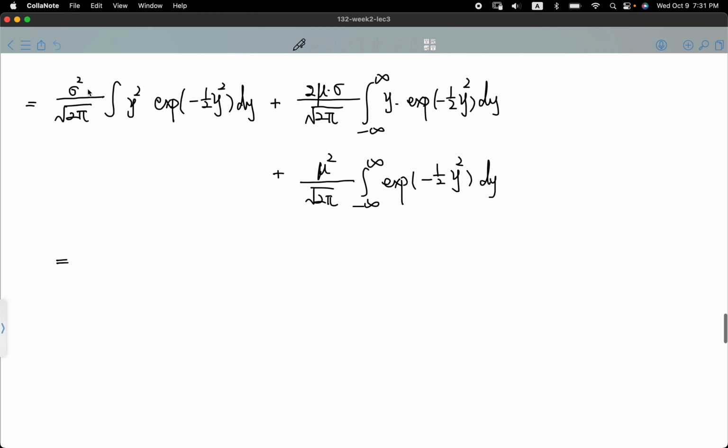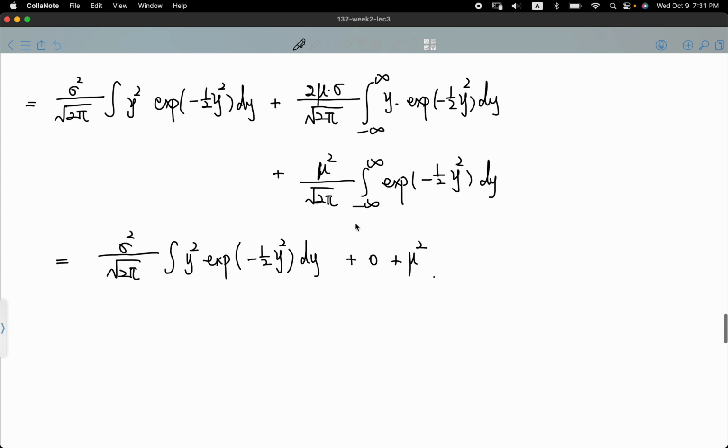So this part, let me copy it down first. And this is because of the odd and even function: this is plus 0, and this is equal to square root of 2 pi, and this will give you mu squared.